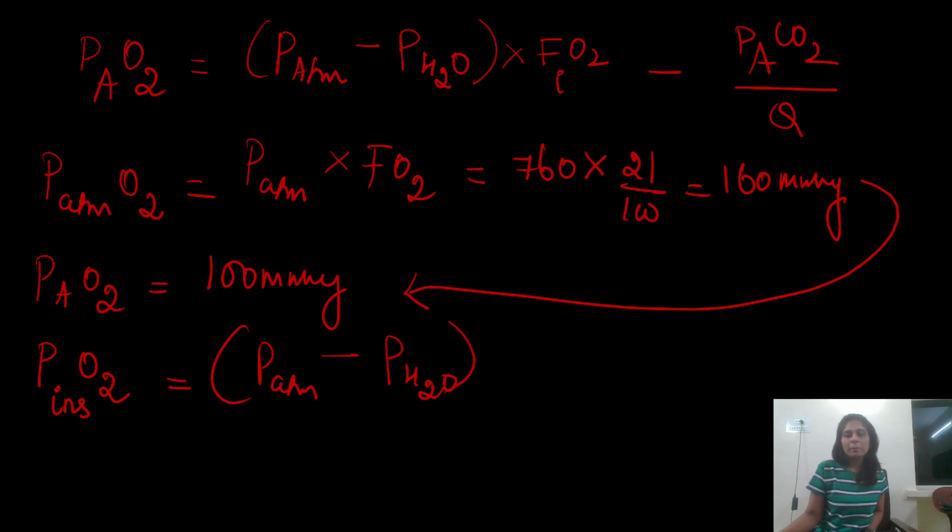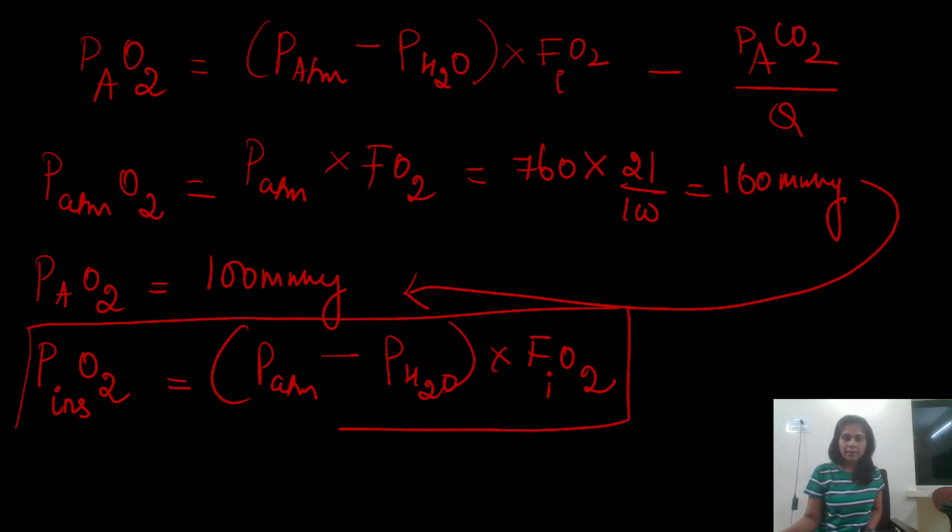So atmospheric pressure minus partial pressure of water vapor, and in that you have 21% of oxygen. So what is the formula for oxygen in the inspired air? It is atmospheric pressure minus partial pressure of water vapor into fraction of oxygen in the inspired air.